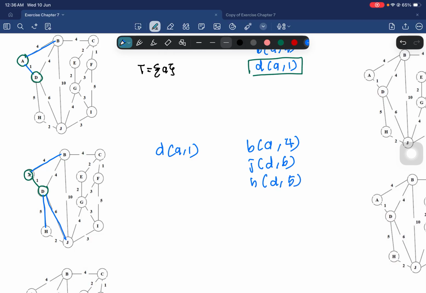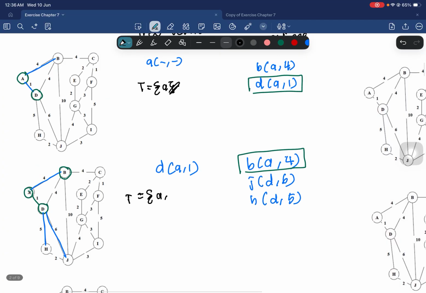So which one is the cheapest? The cheapest is B connected to A by 4. We take this node, so we will write it here. We take D already, right? So we have D, and we have B.